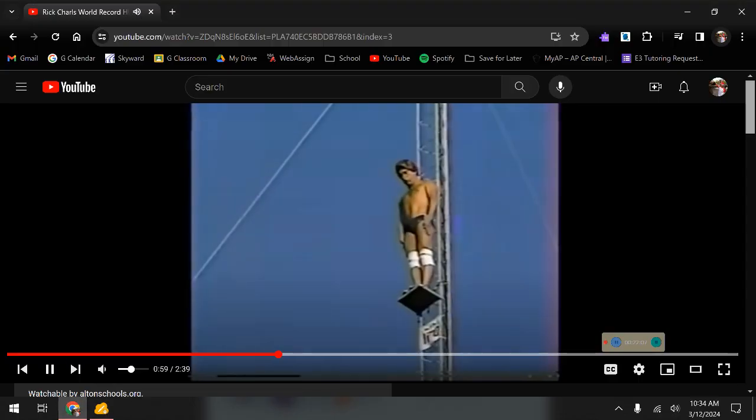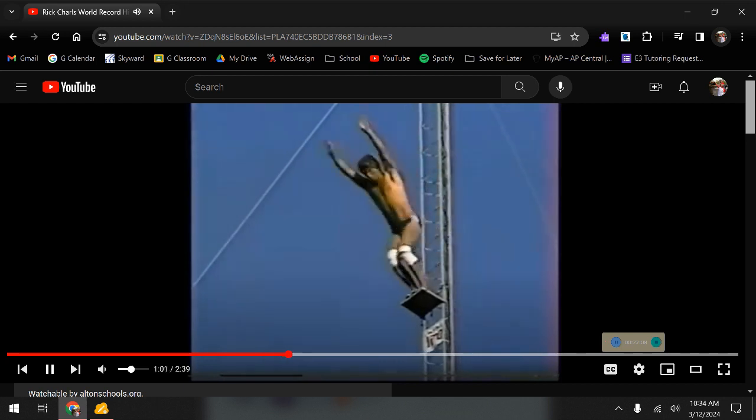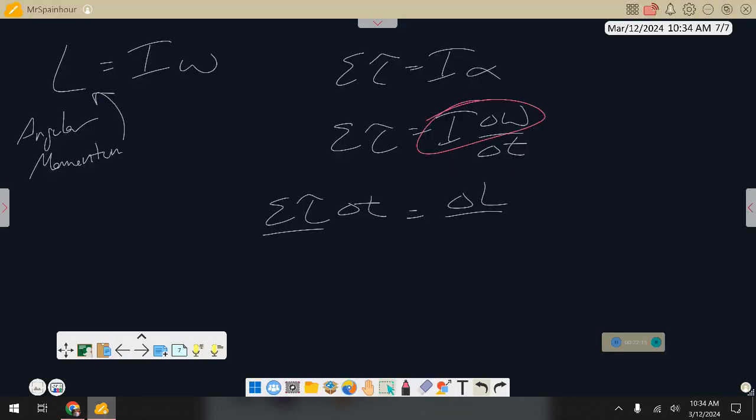What does he do to gain angular momentum? All right, what does he do? He leans forward and makes his radius larger. Not quite. Nope. What does he do after he leans forward? Not before, it's after this part. What's that? Pushes up.